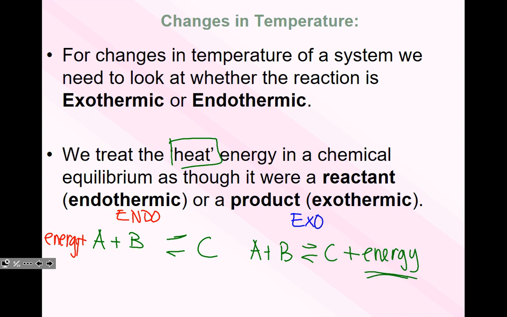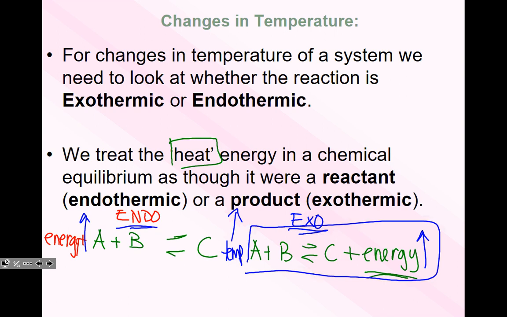So if I increase the temperature, what I'm actually doing in an endothermic reaction is I'm increasing the reactants. In an exothermic reaction, what I'm doing is I'm actually increasing the products. Does that make sense? And then when I'm increasing the products, for example, here, it's going to shift to the left because I need to compensate for that.